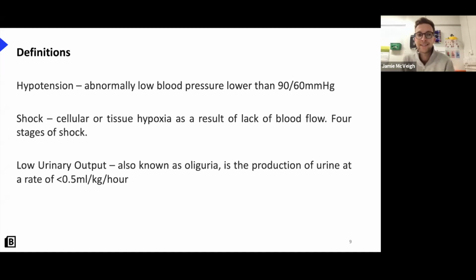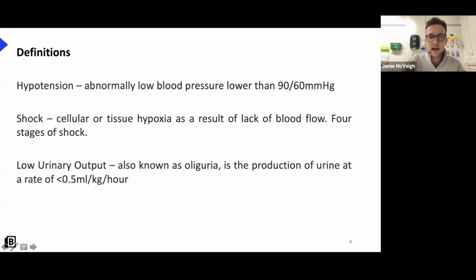Obviously, if they're hypertensive, they're going to run high anyway, so their hypotension might be a bit higher. And then on the flip side, very skinny young individuals might be walking around happy as Larry with systolic blood pressures of 95. So that's just always something to have in the back of your mind.